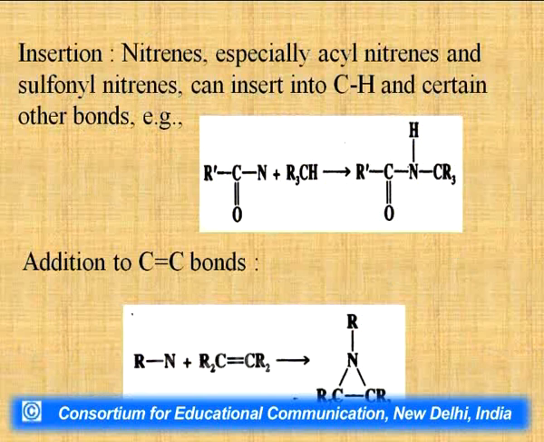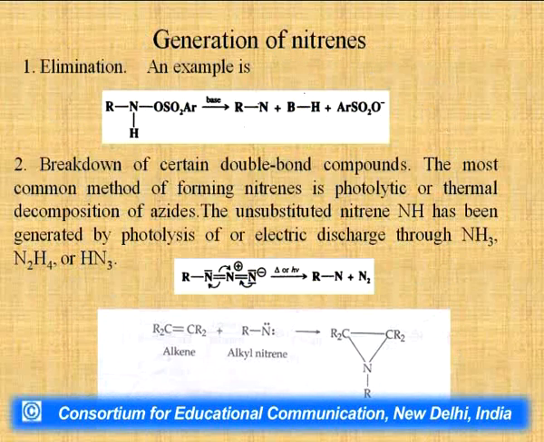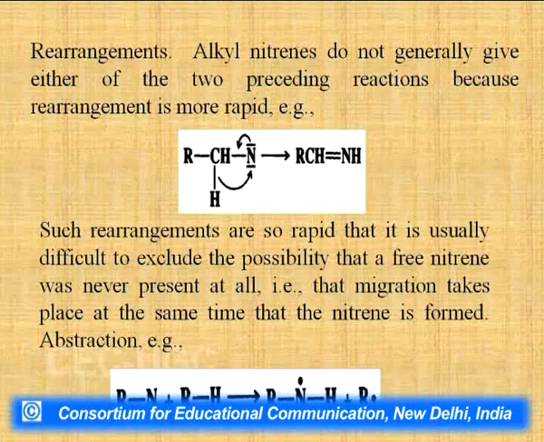Insertion reaction: nitrenes, especially acyl nitrenes RCO and sulfonyl nitrenes, can insert into carbon-hydrogen bonds and certain other bonds. Another reaction is addition to carbon-carbon double bonds, and this is the example of addition of alkyl nitrene to alkene, where aziridine is formed.